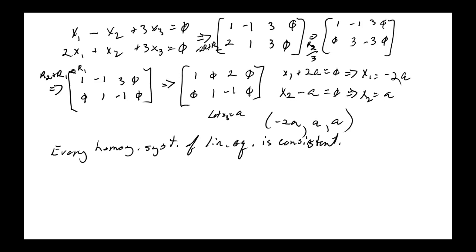And moreover, now here's the key for this one. If the system has fewer equations than variables, I usually say it has more variables than equations, but it means the same thing.